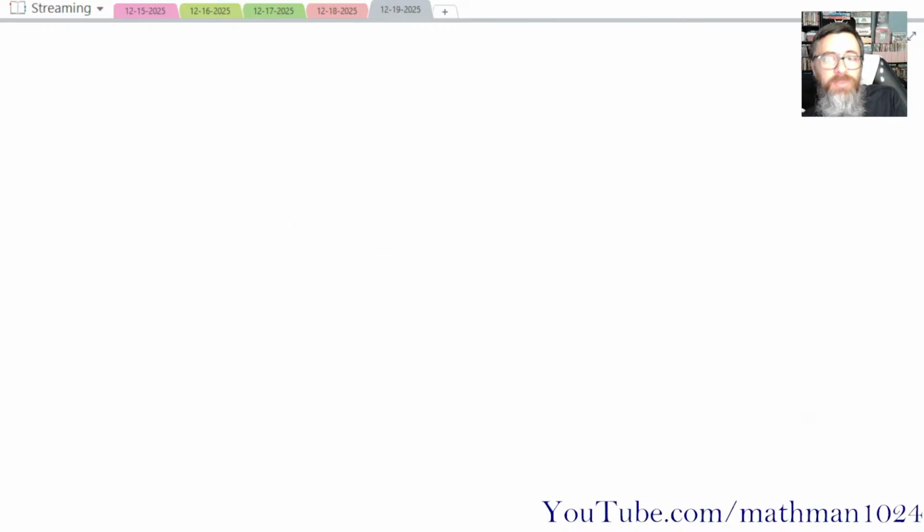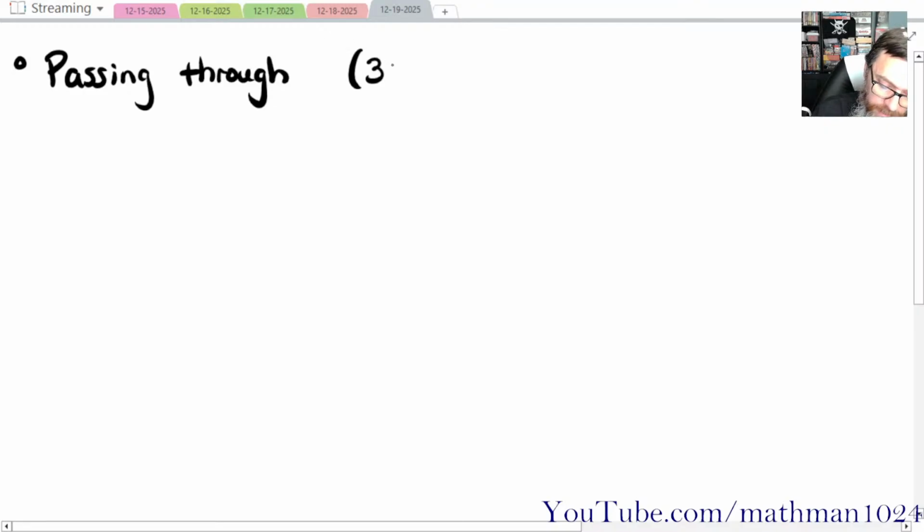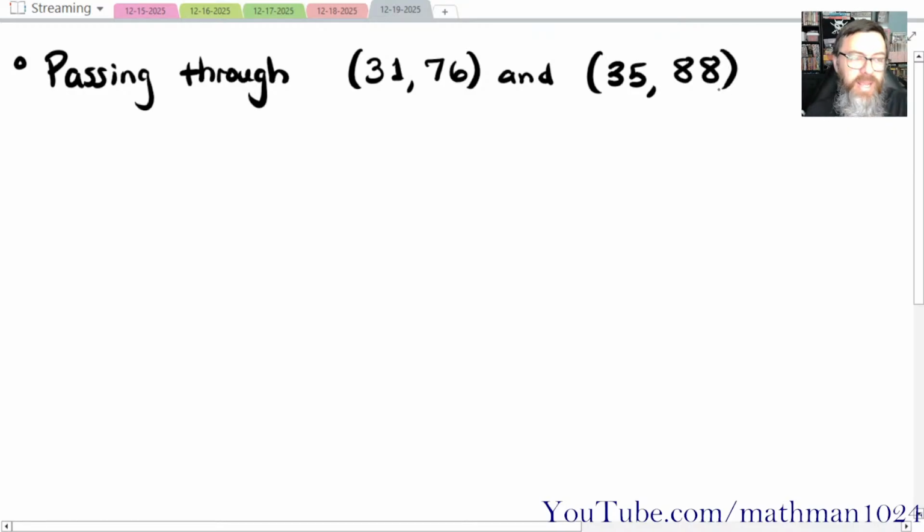Now let's make things a little bit more interesting. Suppose I give you an example and I say that the line is passing through the ordered pair (31, 76) and (35, 88).